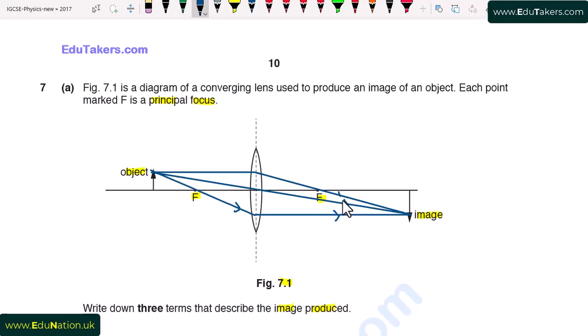Now we have drawn all three rays. Now we see the properties of the image. First of all, we see the size of the object and the size of the image. The size of the image is larger as compared to the size of the object. So this image is enlarged.